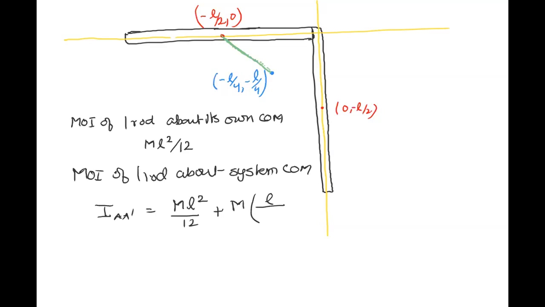Basically, it is half the diagonal of a square of side L by 2, right? This should be L by 2 root 2, which is equal to ml square by 12 plus ml square by 8.